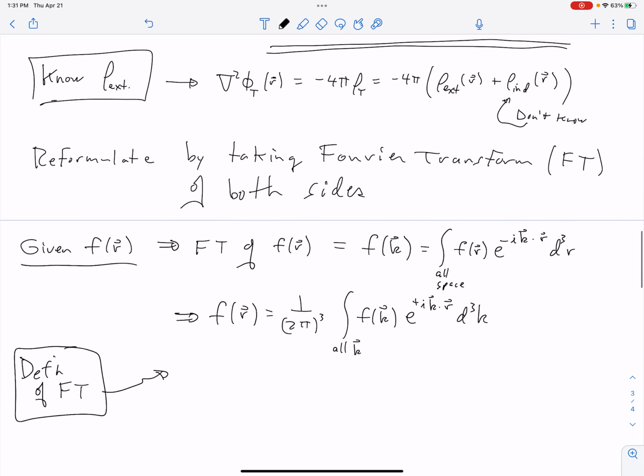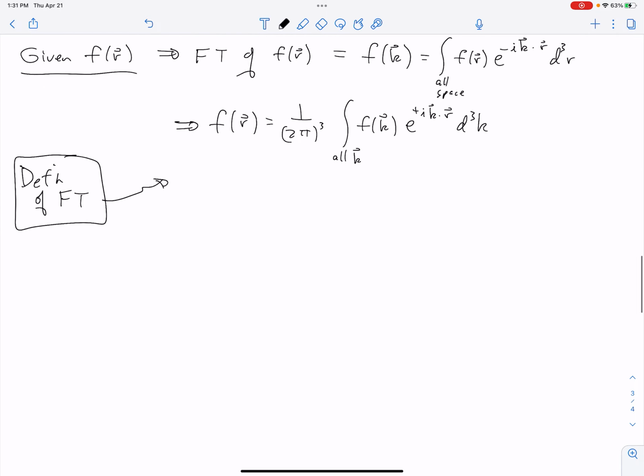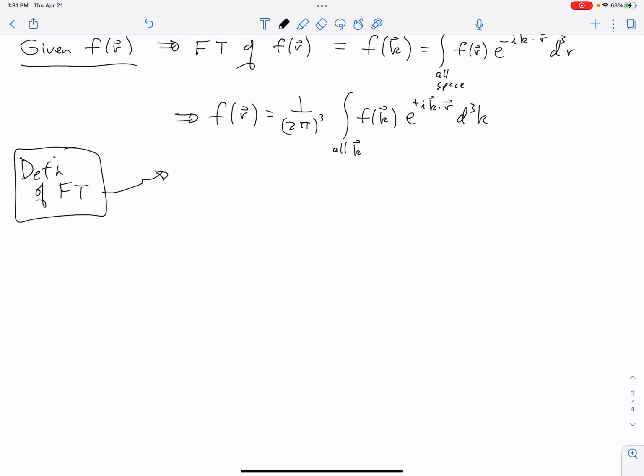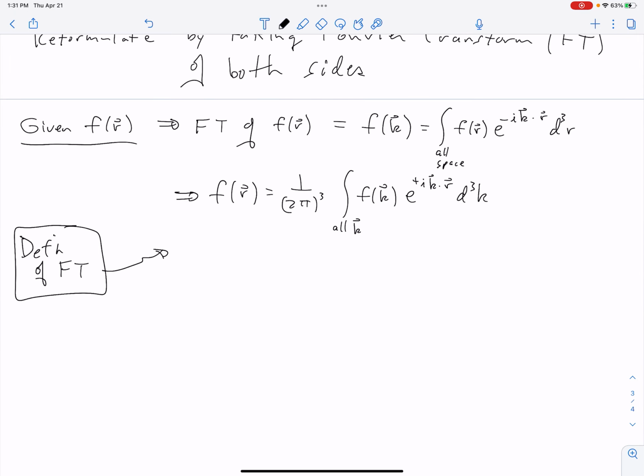The reason it's really cute and useful is this. If I take my equation, del squared phi, now instead of saying phi total I'll just call it phi, since it's hard to always write that little t.